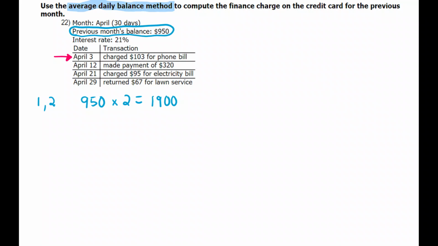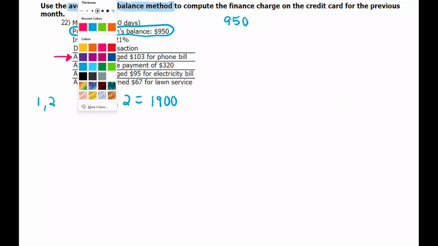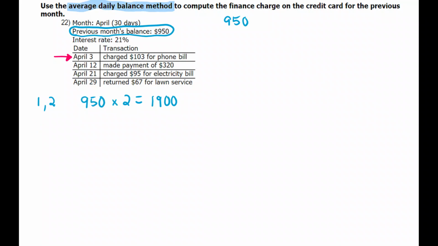Okay, so let me do a little math over here. I got 950 on April 3rd. Oh my gosh. I told it to switch to the red. Come on. On April 3rd through, okay, on April 12th, something different happened.